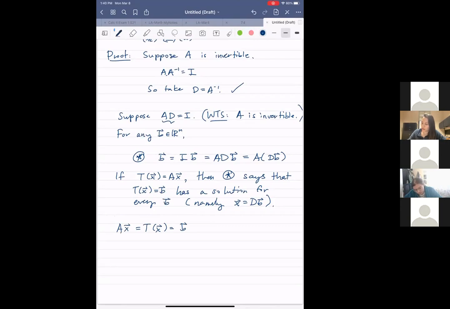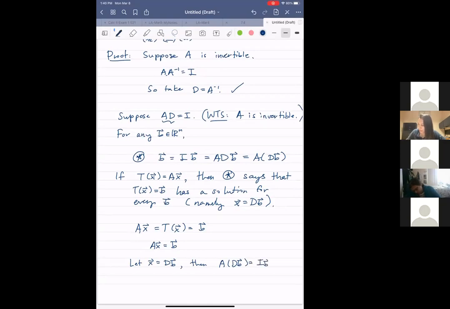So you really want to solve Ax equals b, right? Okay, but if you let x equal D times b, then you plug in D times b into A, and then we simplify.